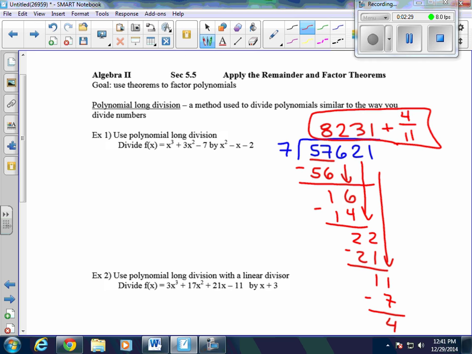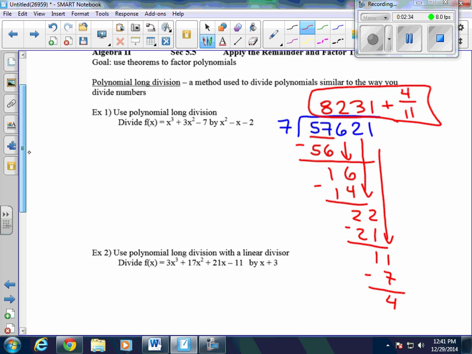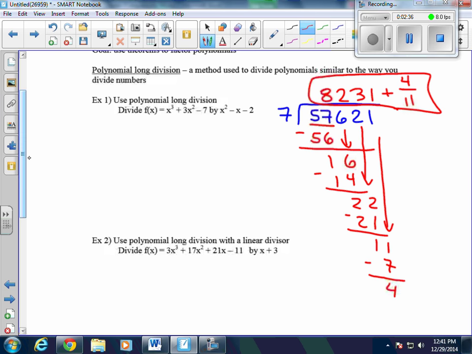Well, the polynomial long division is going to be exactly the same type of problem. And hopefully we have enough room here to get this in, but we're going to do the same thing. We're going to say we have x cubed plus 3x squared minus 7. I'm going to need a little bit more space than that.